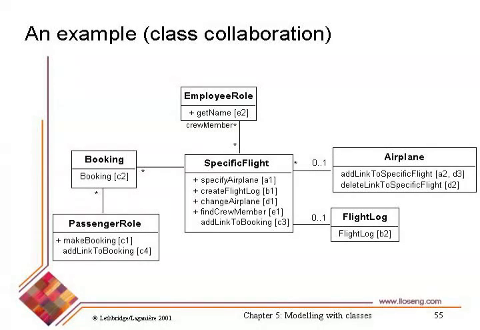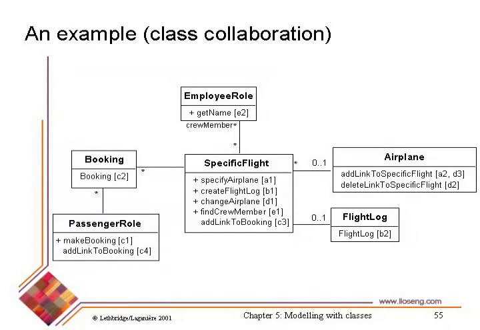So for example, we should see A1, specify airplane, is going to involve add link to specific flight in airplane, and I guess that's the only A there. So add link to specific flight is a collaborating method. It's not public. It's going to be used by the public specify airplane method.